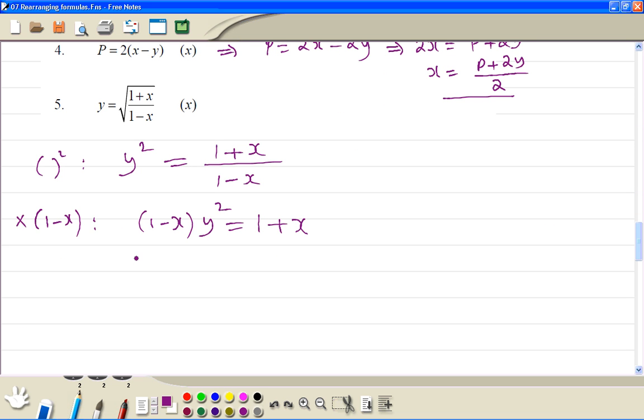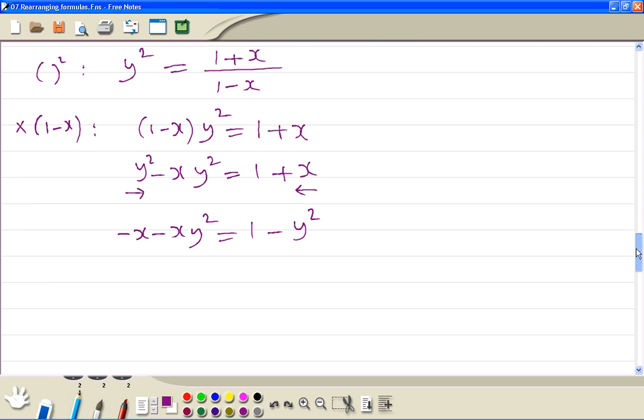Remove the bracket. Now this y squared goes to the other side, and we bring the x to the left. So we have minus xy squared equal to 1 minus y squared.